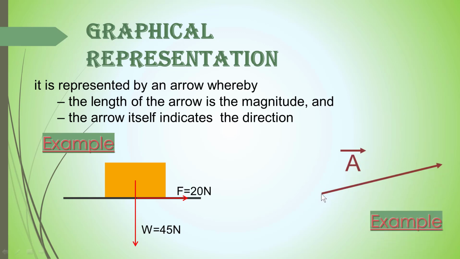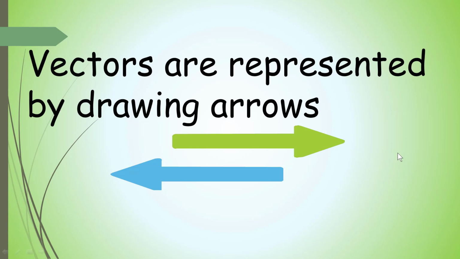The starting point of this arrow is known as the tail, and the ending point of this arrow is known as the head. This is the tail of the vector, and this is the head of the vector. So, tail and head of the vector.